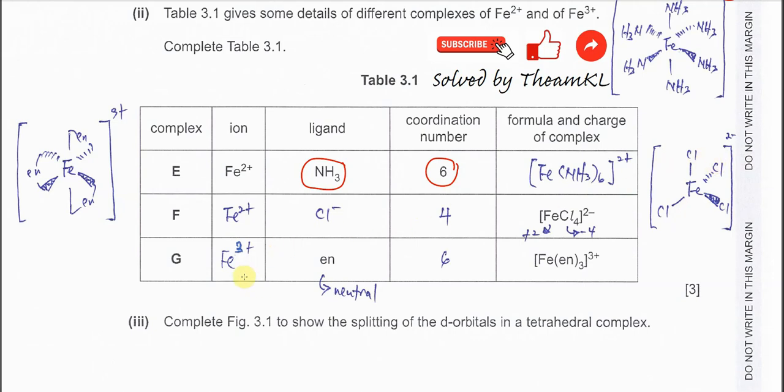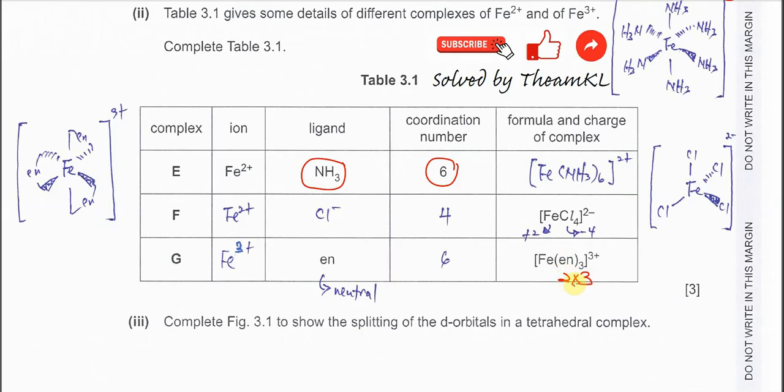Okay, the last complex ion. It is given as iron with 3 en. This is a bidentate ligand. The coordination number is also 6, because this bidentate ligand is 2 times 3, total 6.